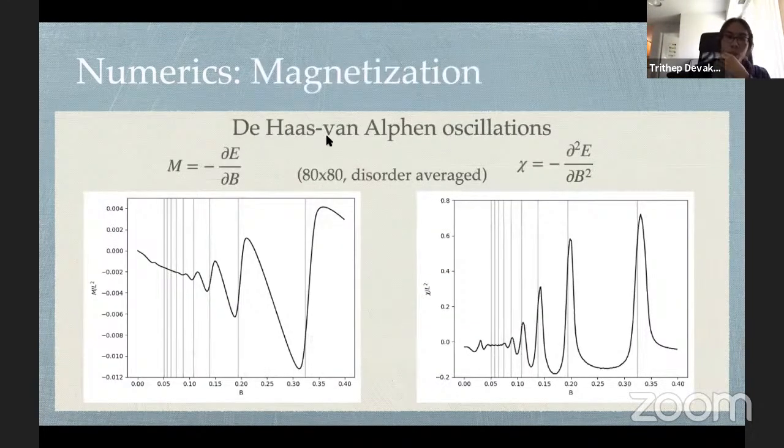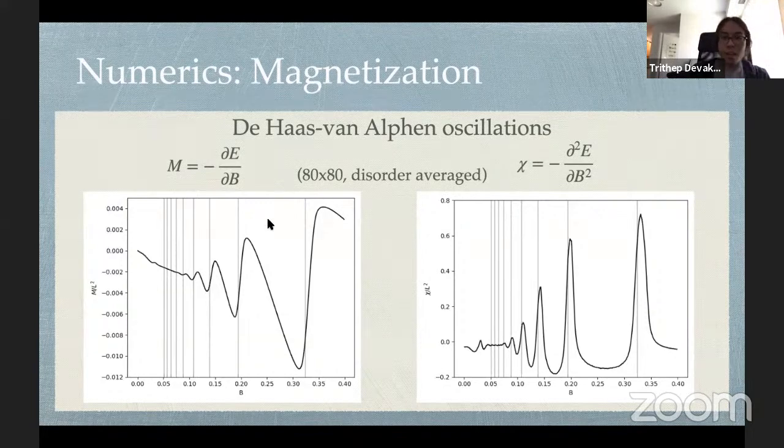Moving on, we can also compute the magnetization. You just compute the total energy, you fill up the Fermi sea, this is a discretized model, so you just fill up all the states, you compute the energy, look at the derivative with respect to field, gives you the magnetization, and that's shown here. At low fields, you get something smooth, but then as you increase field, you see that at each of these magic fields, you get a discontinuity in the magnetization.